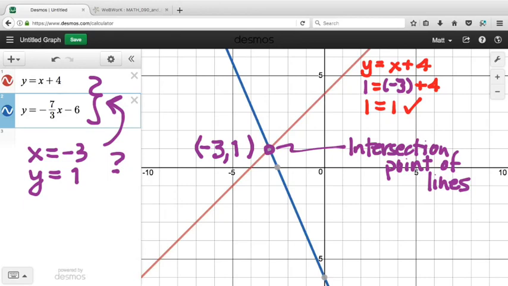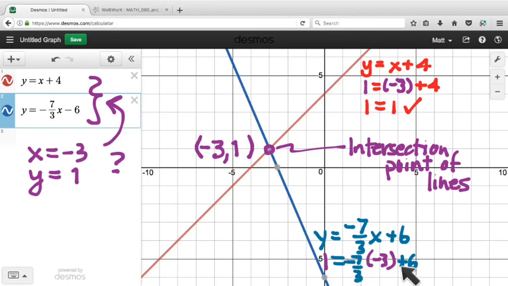But before we know that it's a solution of the system, we also have to check it in the blue line as well. y equals negative 7/3 x minus 6. And we'll substitute, again, negative 3 for x and 1 for y, and see whether we get the same thing on both sides in this equation. Then here I've got negative 7/3 times negative 3.